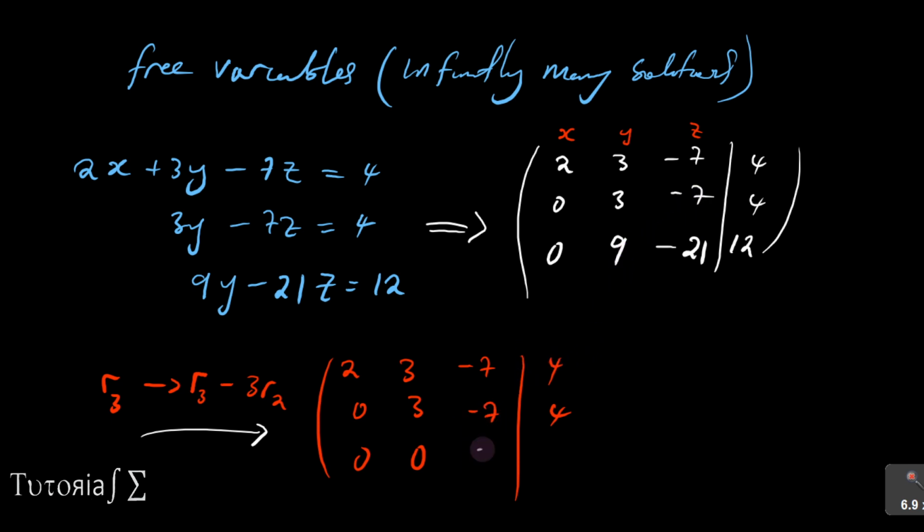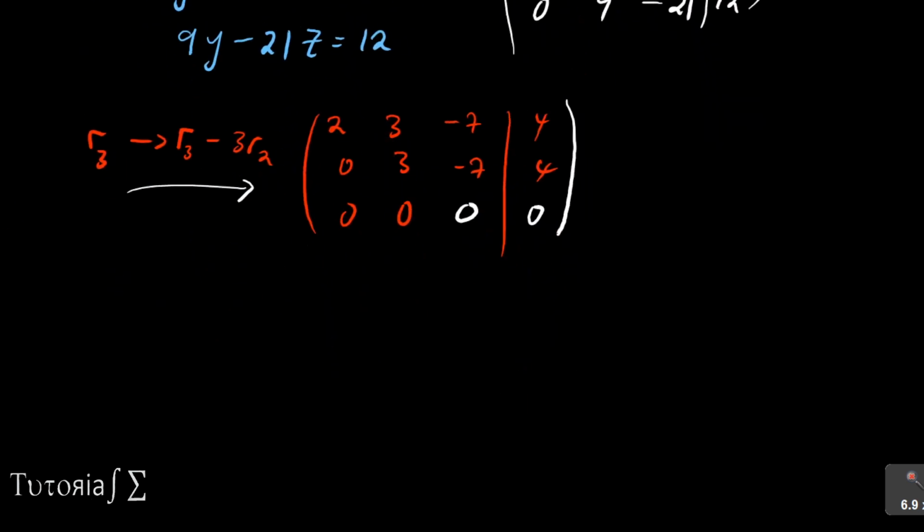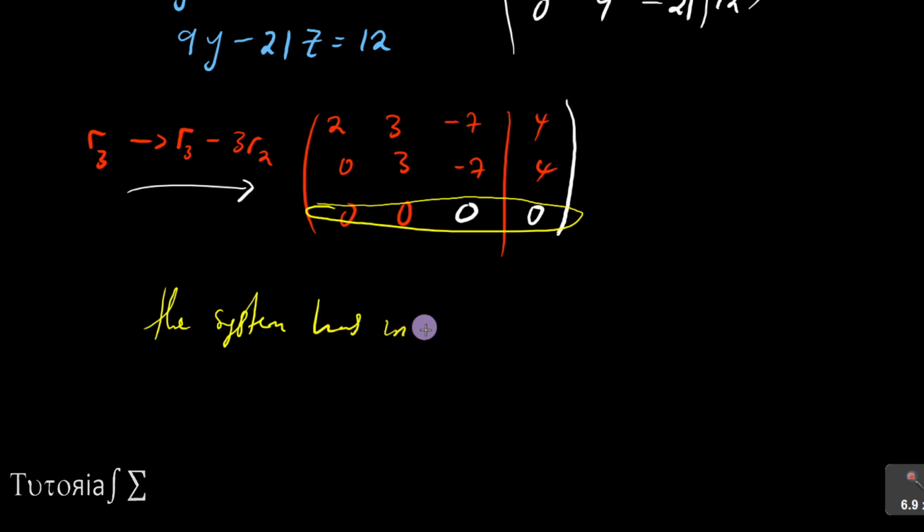So this will give us a 0 here as well. Then here we're going to have 12 minus 12, that will also be a 0. Now when you look at the last row here, we have 0, 0, 0 everywhere. So we know that the system has infinitely many solutions.